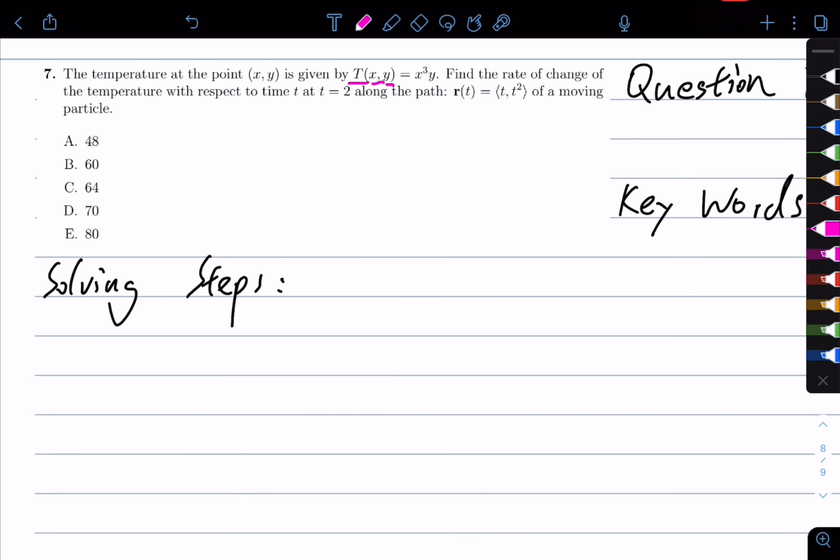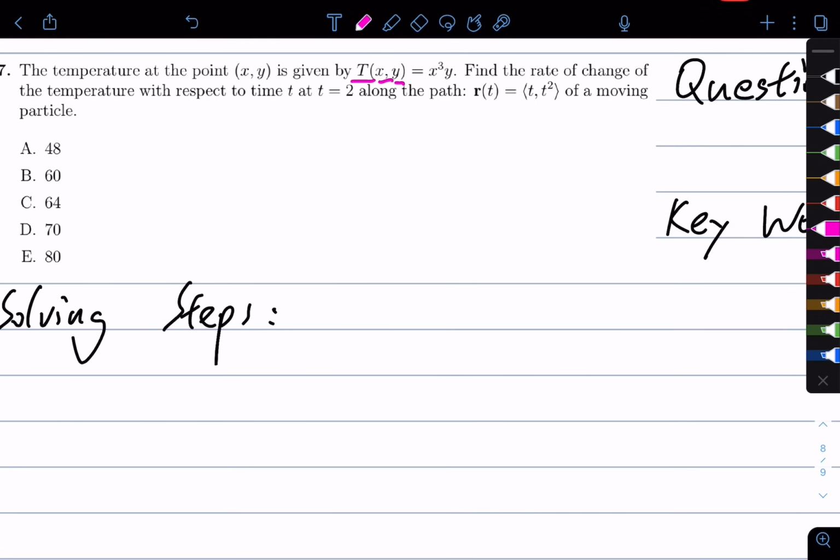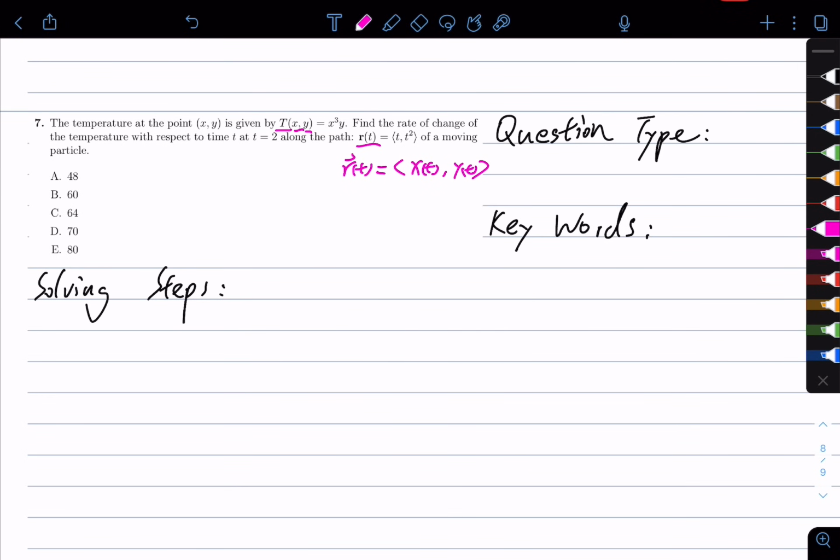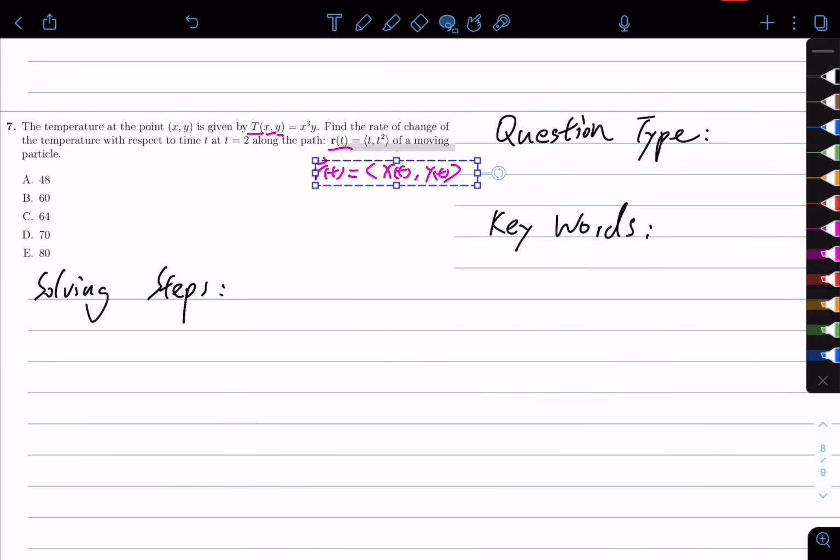Let's take a look at r of t. R of t, at the end of the day, is x of t and y of t. So what you realize is x and y are also functions of the variable t. I hope you understand where I'm getting at.